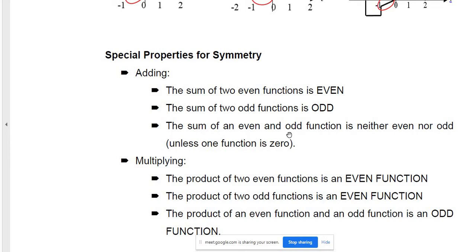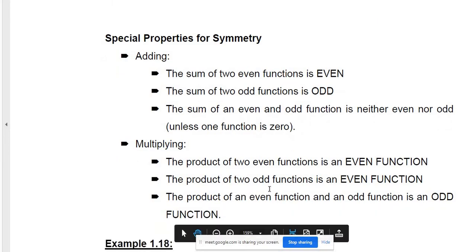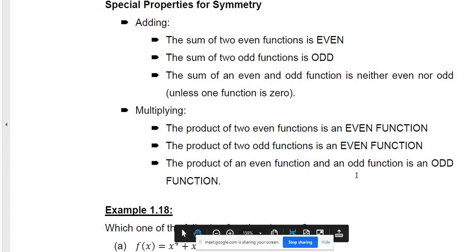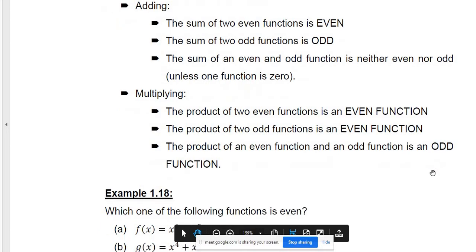Even plus odd, you get neither even nor odd. For the product: even multiplied with even, you get even. Odd multiplied with odd, you get even function. Remember? Sorry, I said odd earlier, but you get even. And even multiplied with odd, you get odd function.